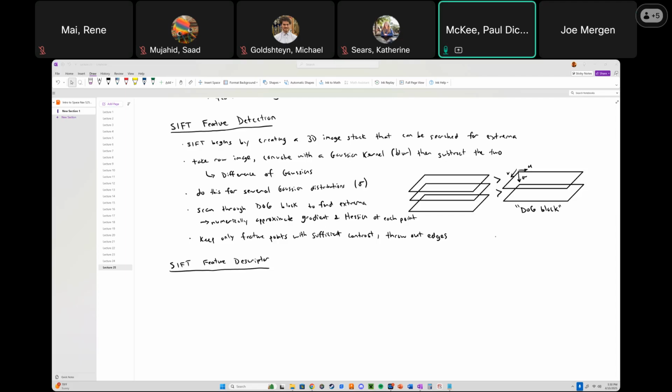So you would be looking at, here is some image which is unblurred, and then here's an image which is blurred, and then here's an image which is really blurred, which I realize I'm not using numbers. More and more and more, right? And then you look at the difference between, maybe this is sigma 2 minus sigma 1, and then this is sigma 3 minus sigma 2, that sort of thing. Does that help a little bit? Yeah, that makes way more sense.